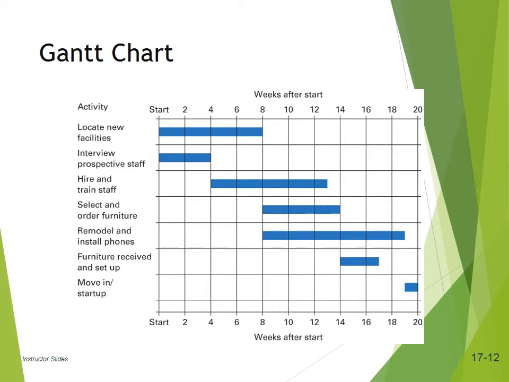So that's the time duration of that activity. If you take the third activity, hire and train staff, that starts on the 4th week and continues till the 13th week. So it not only shows the duration of the activity, but it also shows the start date and the end date of that activity.